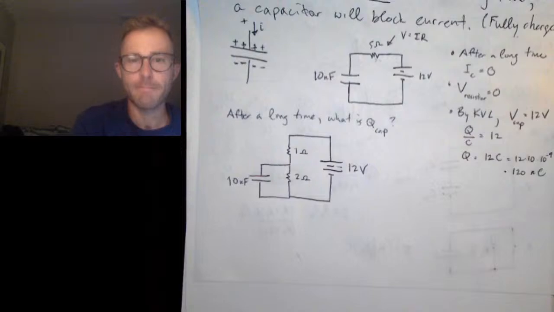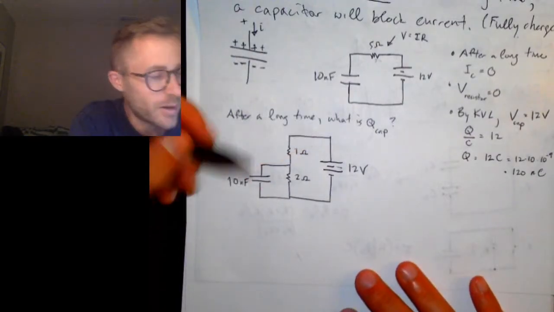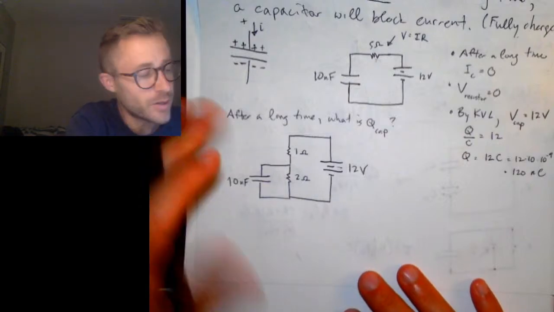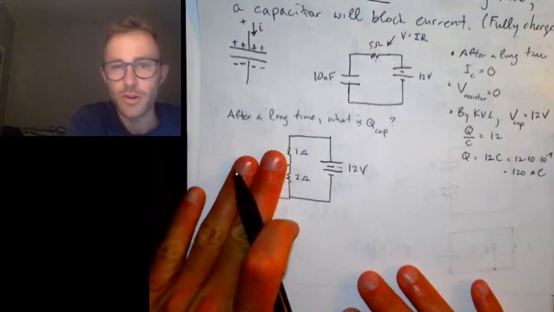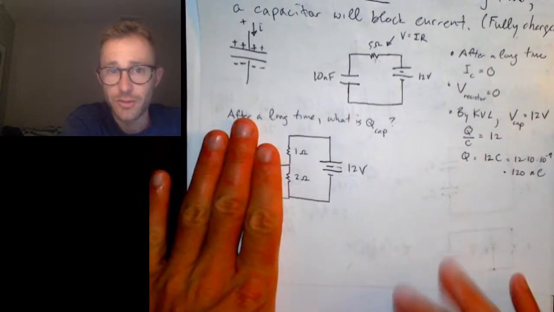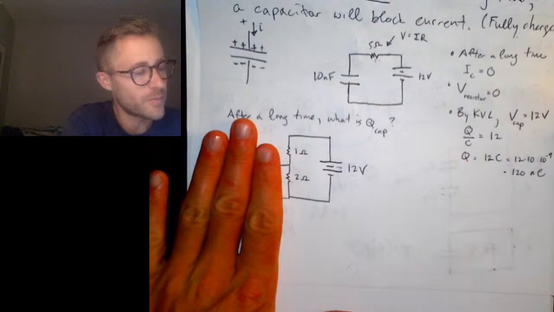All right. And so what we want to do is, after a long time, we can ignore the capacitor because it becomes fully charged. So it has no current flowing through it. So we can basically just forget about the capacitor. It has no current flowing through it, so it's like not doing anything, okay?